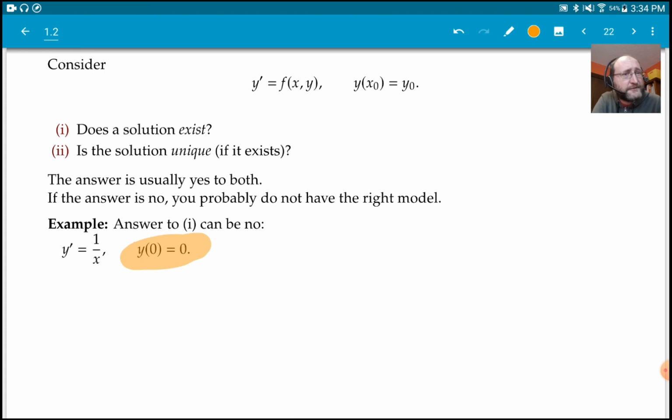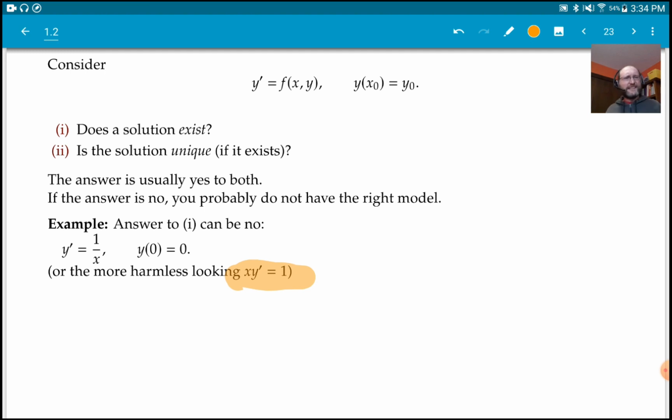That seems not too bad, right? Very simple equation. You can even write it in a more harmless way, right? I could multiply by x just to not have any denominator. It would be in a slightly different form, but x times y prime equals 1. That seems very reasonable, right?